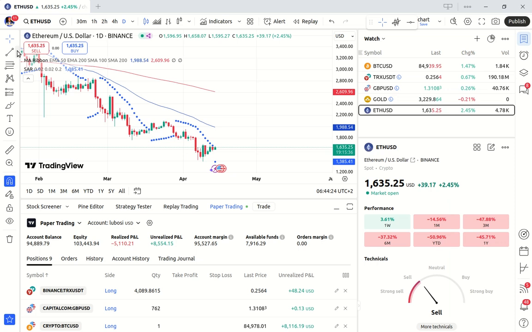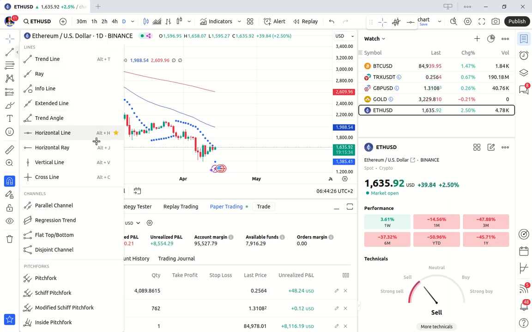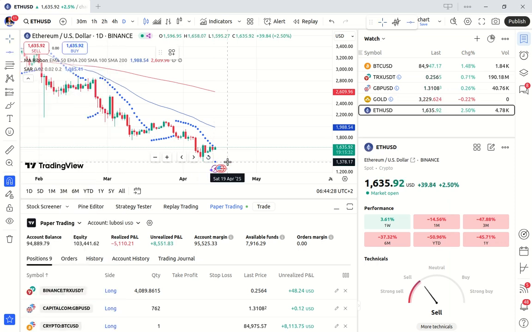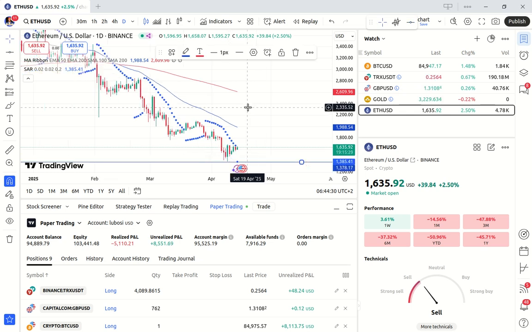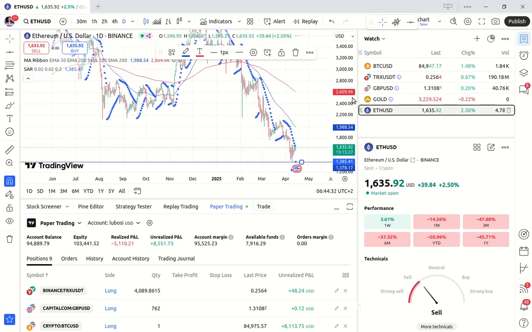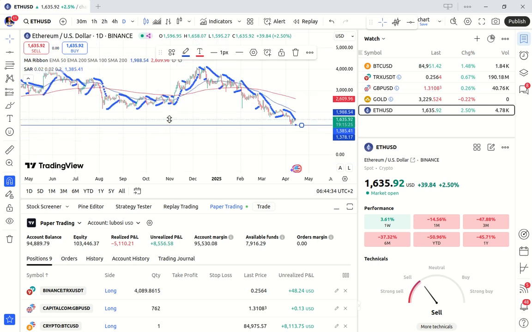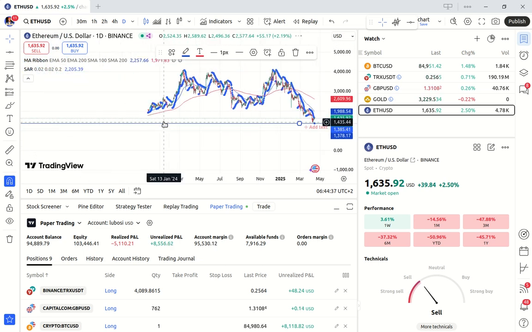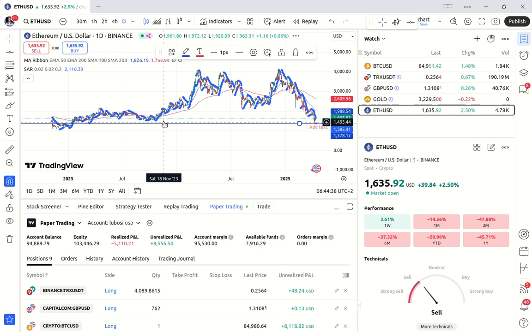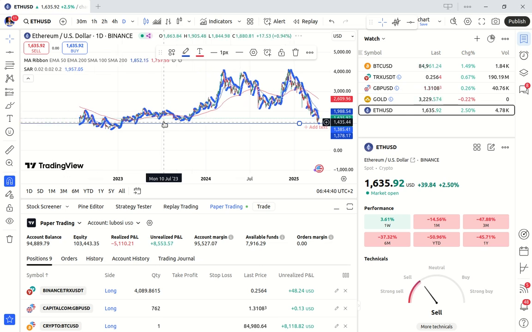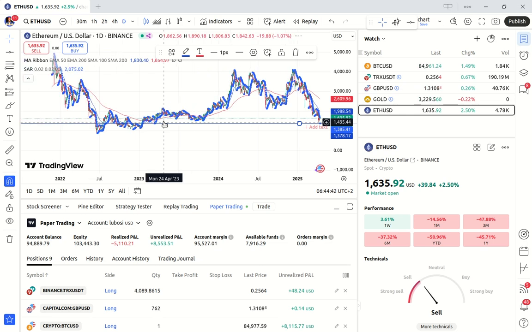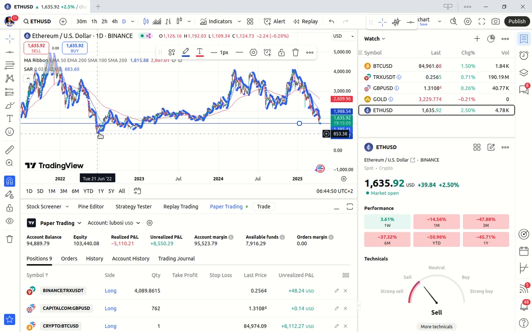And I think Ethereum has hit a reversal. It seems Ethereum is very good for dip buying, and there's no accumulation indicator for Ethereum.